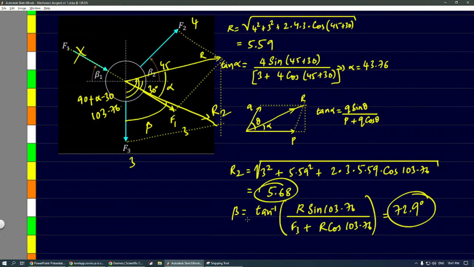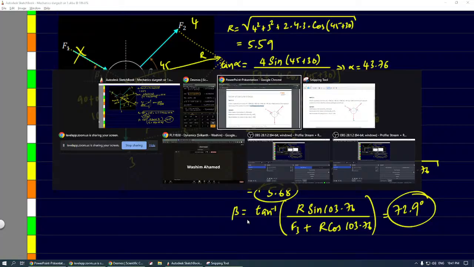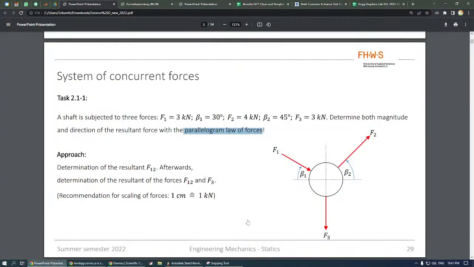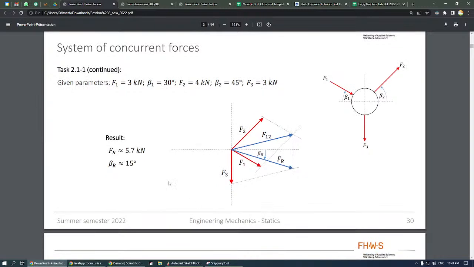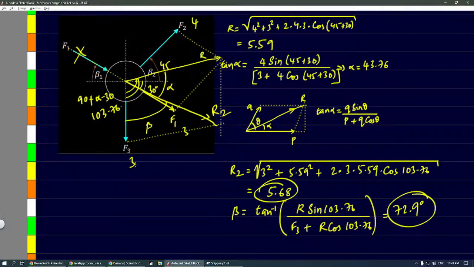But in the PDF, with the previous method, the final resultant is 5.7, he is telling. So we got 5.7 now. If you round this off, you will get 5.7, right?